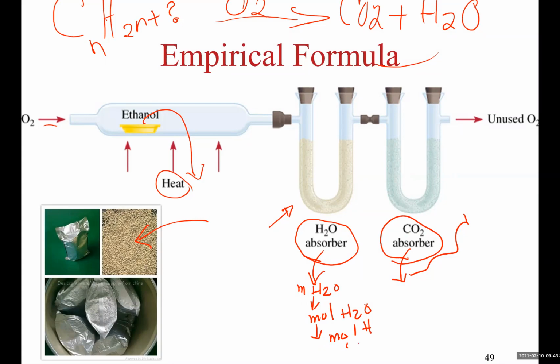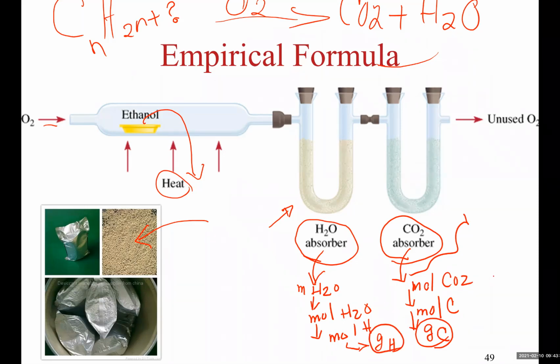And from moles of hydrogen, you can go to grams of hydrogen. Same thing here. If I know the mass of carbon dioxide, I can determine moles of carbon dioxide. I can determine moles of carbon, and I can go from moles of carbon to grams of carbon.